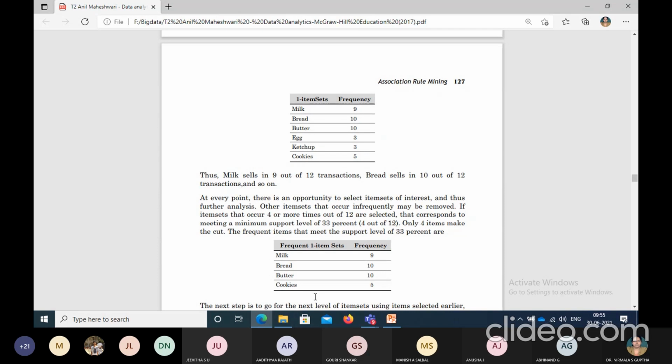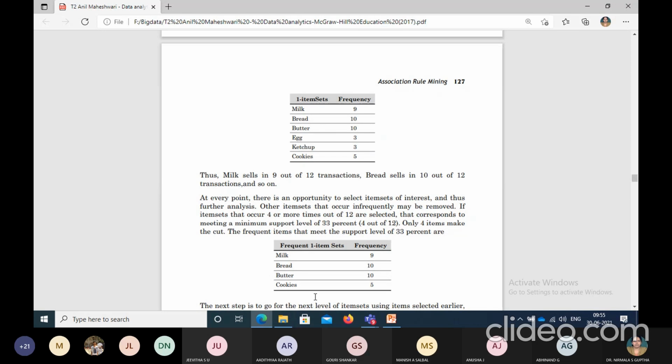Okay. The next step is to go to the next level of the item set, that is the combination of 2 items. Now only individual items we considered and computed. For the next level, we use the items selected earlier, and only from those we make the combinations.